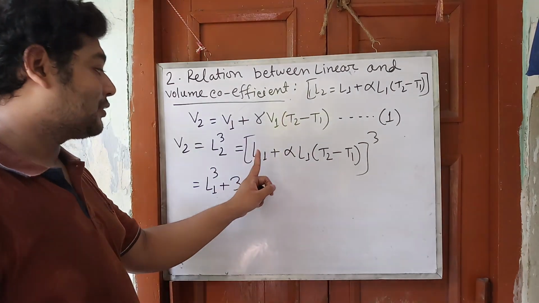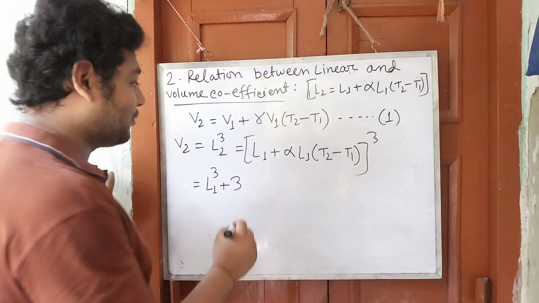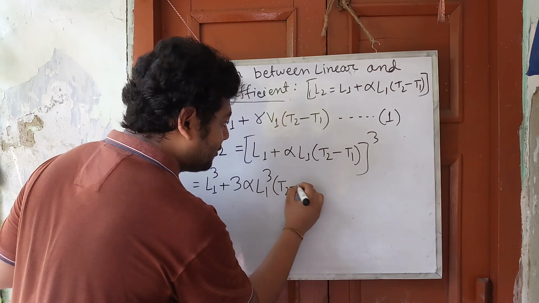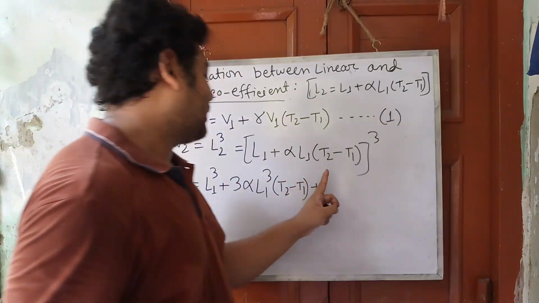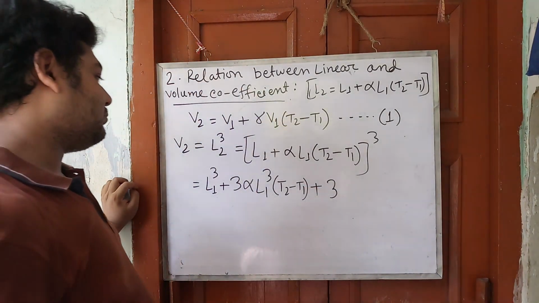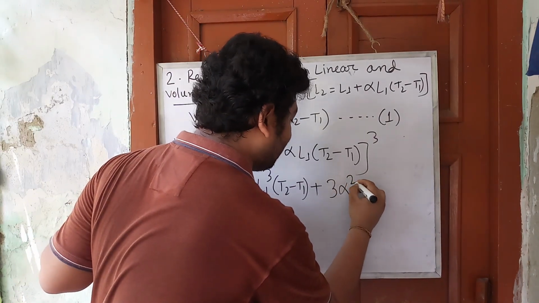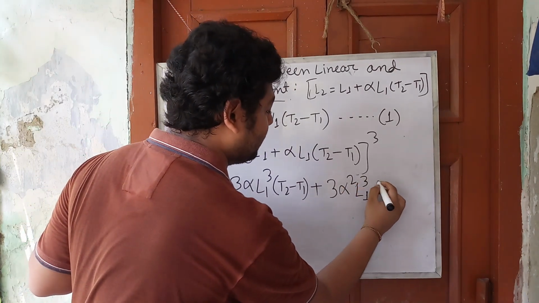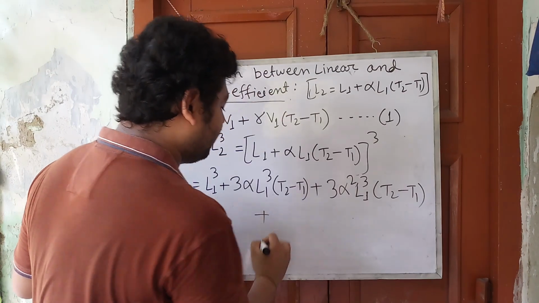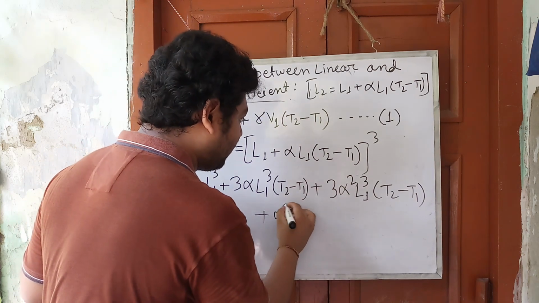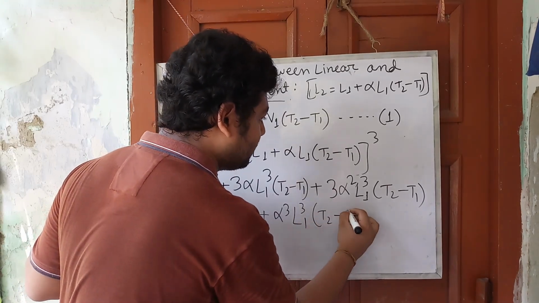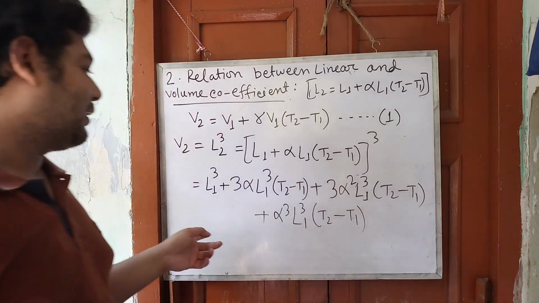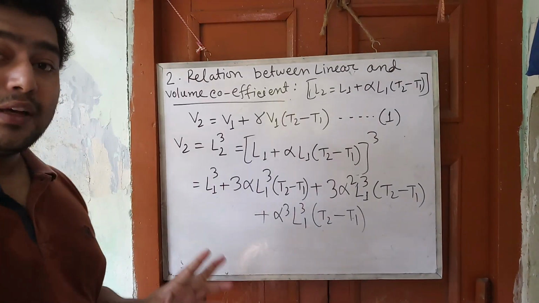so here 3 into L square into alpha L1 (T2 minus T1). So we can write 3 alpha L1 cube (T2 minus T1). Again here we can write 3 alpha square L1 cube (T2 minus T1), and plus we can write B cube as alpha cube L1 cube (T2 minus T1). Okay, so in our previous term we said that the term alpha is very small.